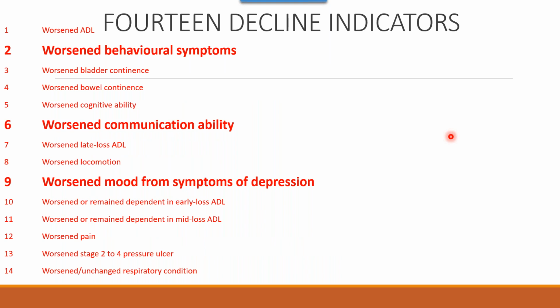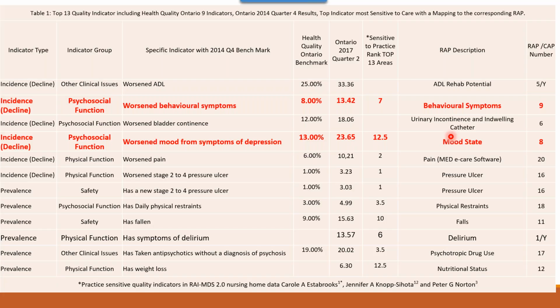So those are all the indicators that we're looking at today. There are only 3 of them, but for the behaviors and communication and mood, we calculate the decline as well.